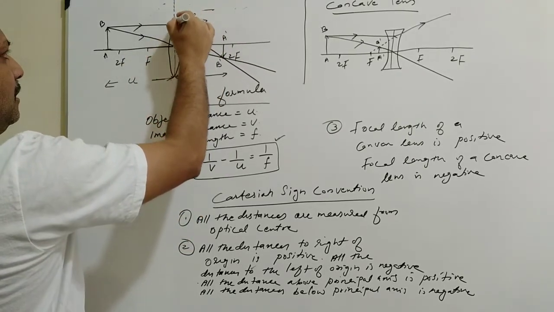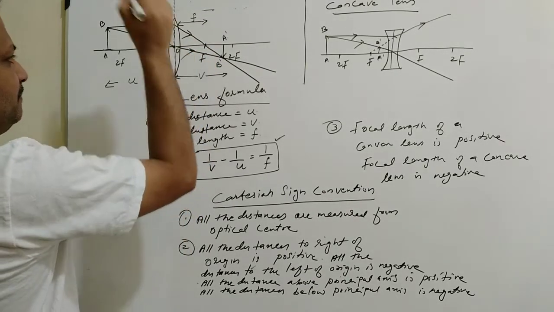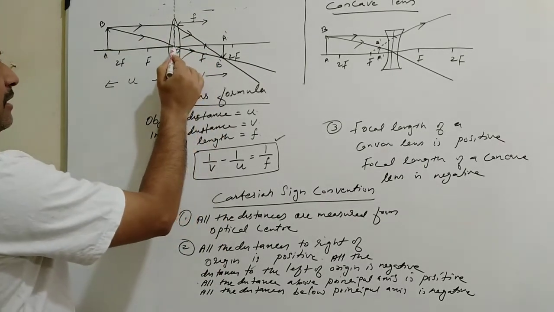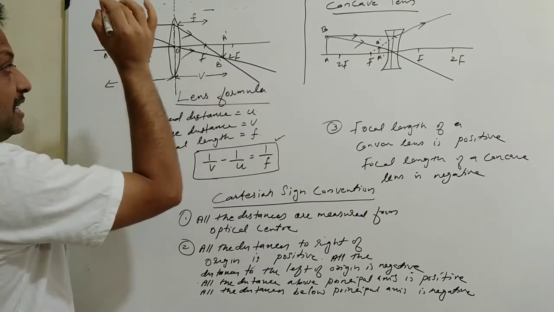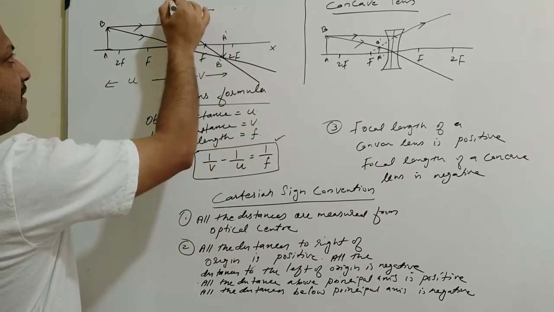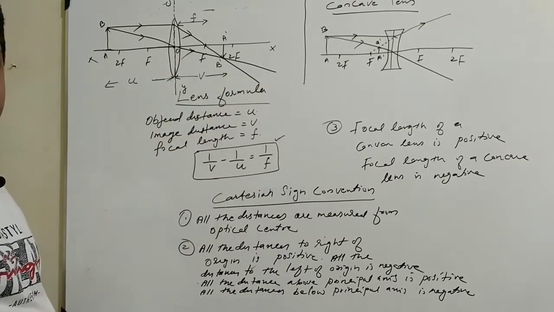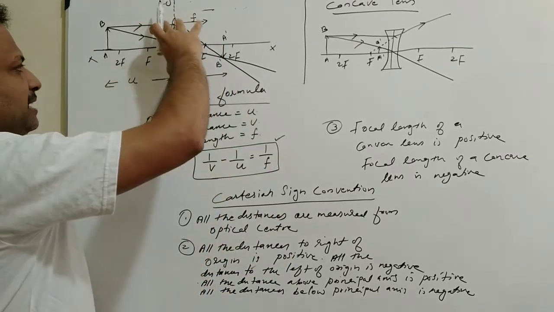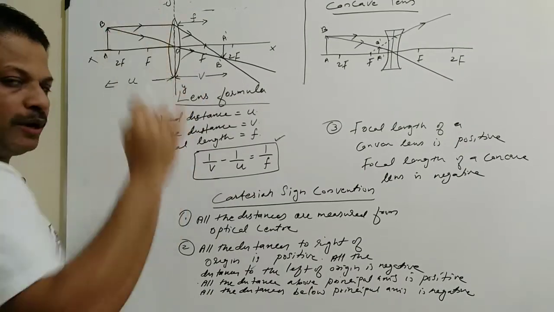Let us make a coordinate system such that the optical center O remains the origin of the Cartesian coordinate system. This is the x-axis, this is the y-axis. Now I am keeping a lens such that the optical center of the lens coincides with the origin of the coordinate system.